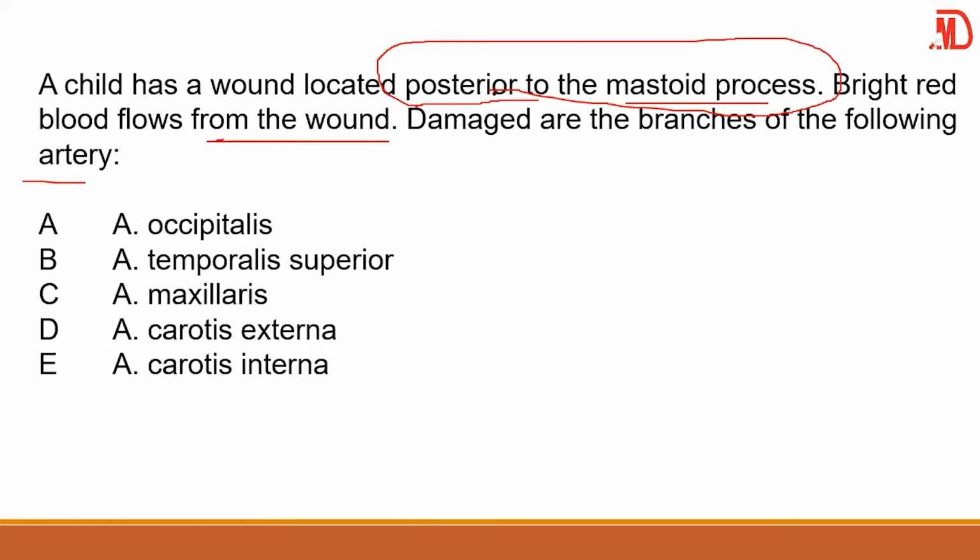That's why, if I were you, I'd put my hand on the mastoid process, that is behind your ear. That is where the mastoid process is. So the artery that's located posterior to it.